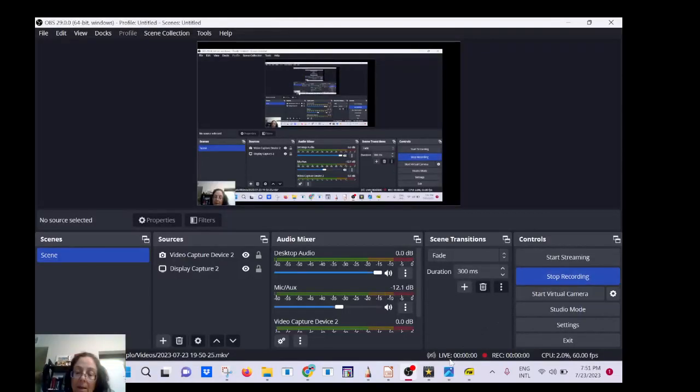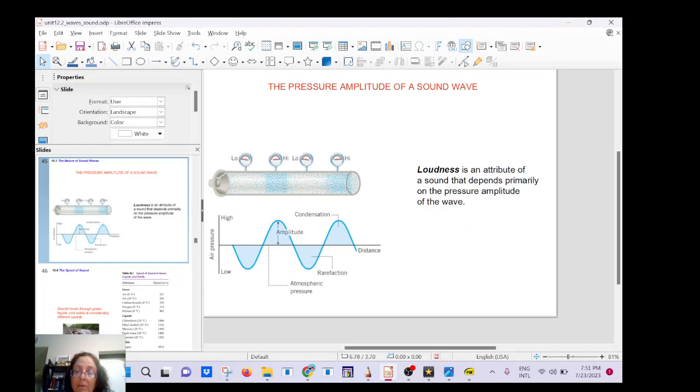Okay. So the loudness of a sound depends on the amplitude of the wave, right? So if you have a high amplitude, that means high pressure or low pressure relative to the atmospheric pressure, that means that the sound will be louder compared to a sound with a smaller amplitude.